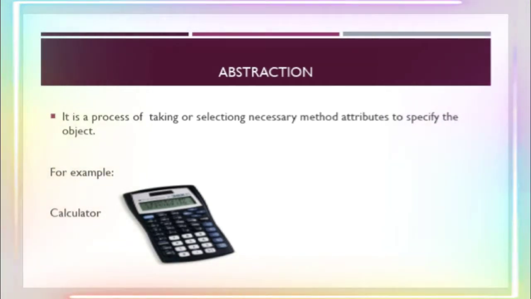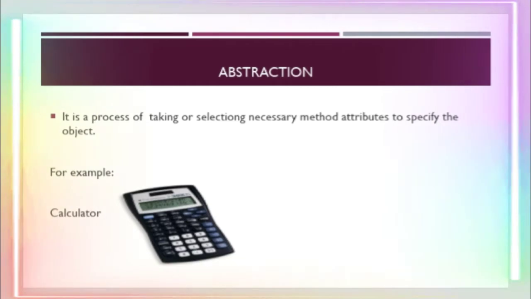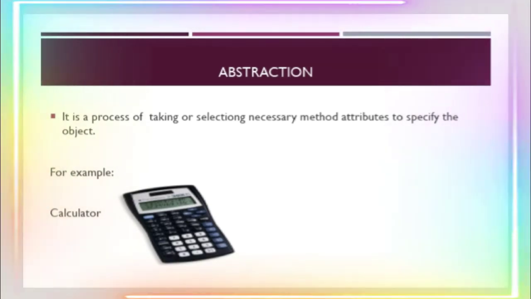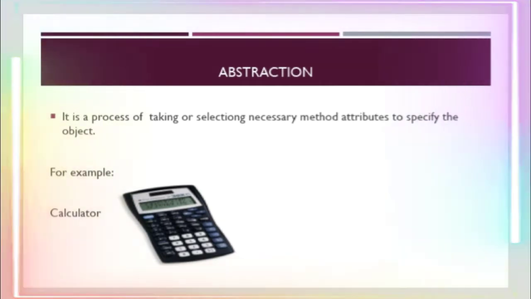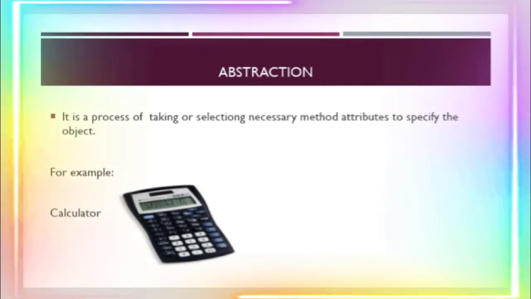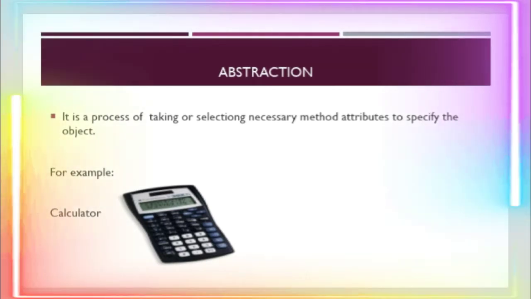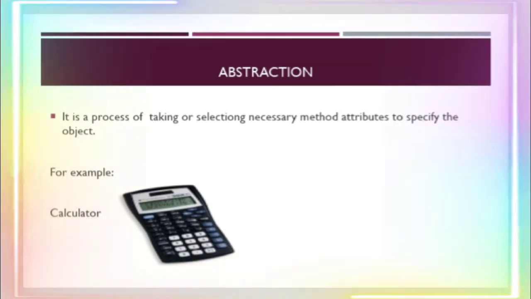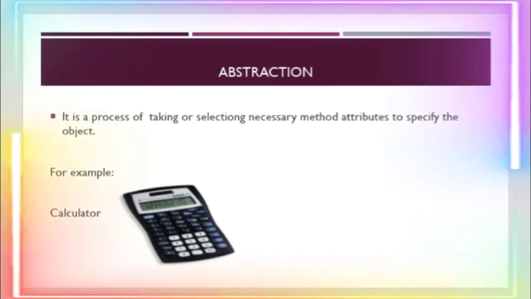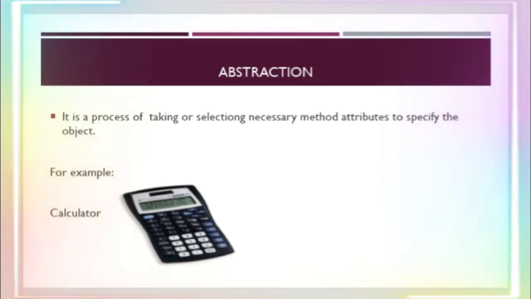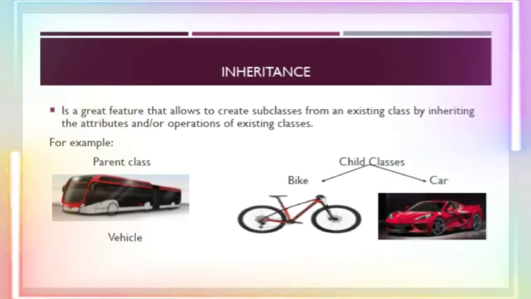The advantage of this is that we can change the implementation without affecting the class, as the method interface remains the same. For example, the calculator, which takes the input from us and at the press of a button gives us the desired output while sparing us the internal details of how it has arrived at that answer.